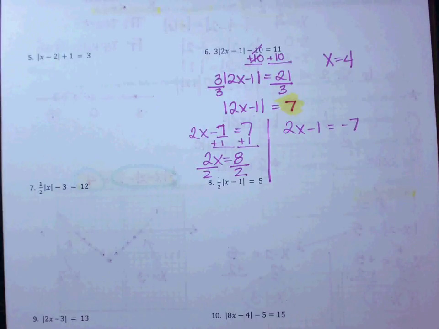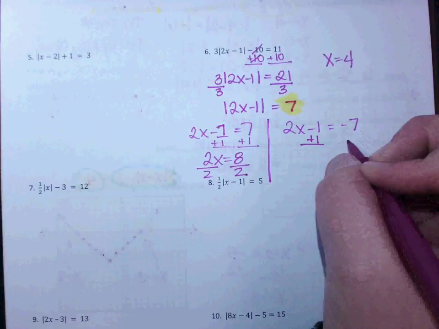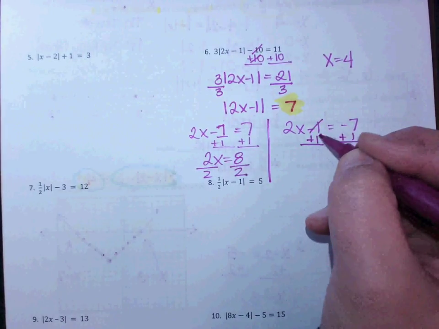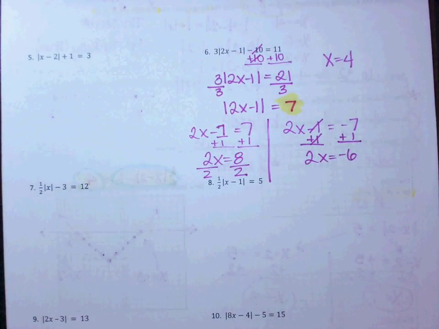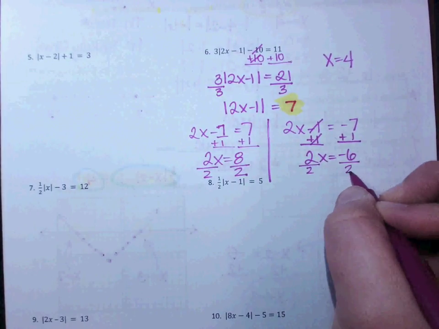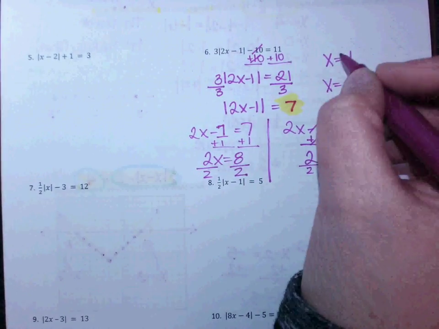Okay, now look on the other side. Notice I'm still going to add 1, but if this is a negative 7, what's negative 7 plus 1? 2x is negative 6. And then my last step, I'm still going to divide by 2. It's just going to give me a different answer at the end. So divide by 2 here and here. X is what? Negative 3.